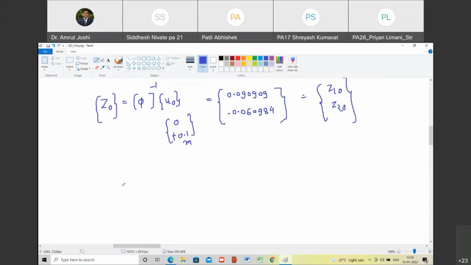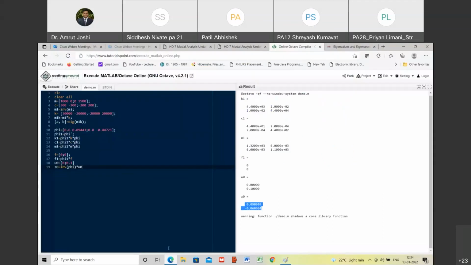Happy? Yes, sir. And what is Z0 dot? It is phi inverse U0 dot. Are you with me? Yes, sir. So I will have to define U0 dot first. So here I define U0 dot. How will I define it? U0 dot is equal to 0, 0. Do you agree with me? Yes, sir. Both were 0. And now what is Z0 dot?